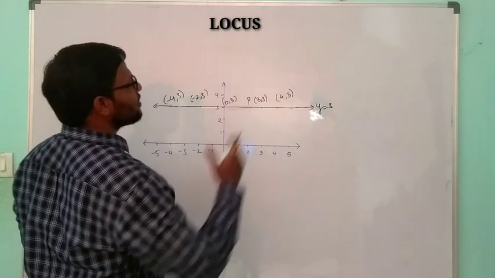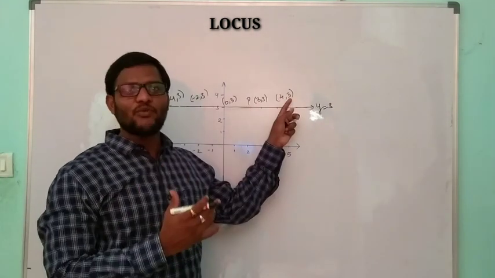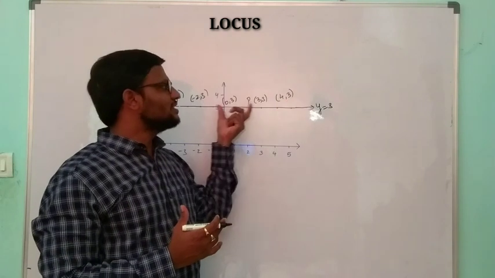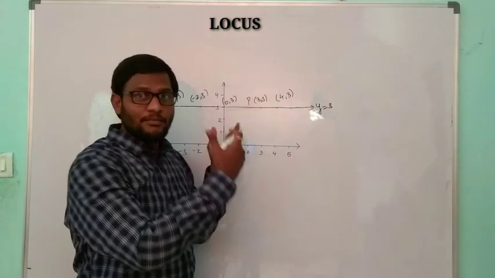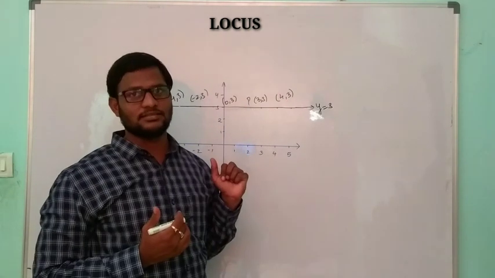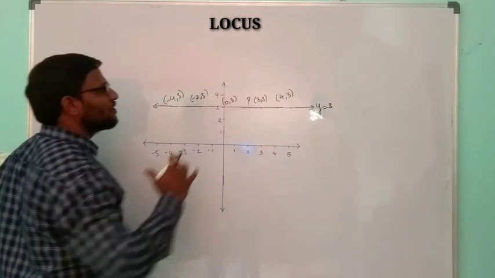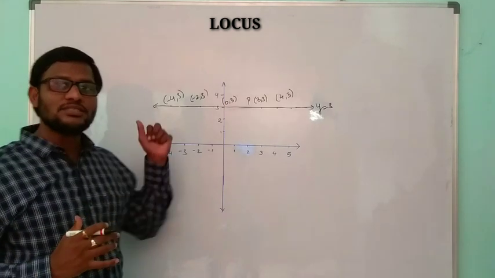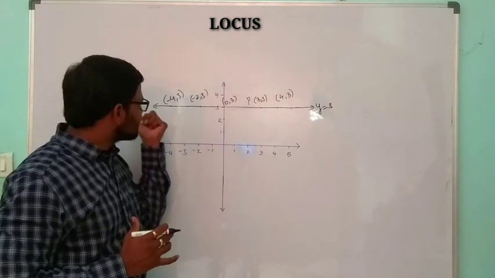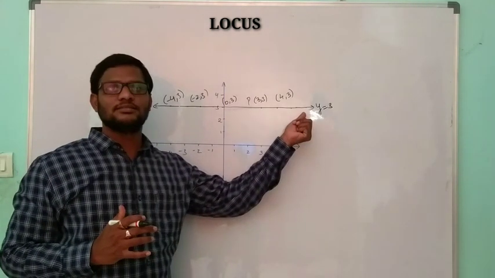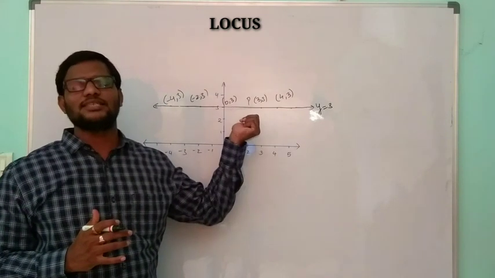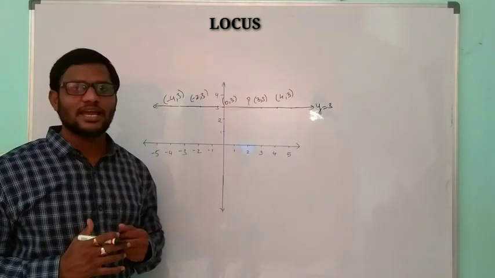Since all these points have the same y coordinate, they have the same distance from the x-axis. That is the common property. So this is the locus, and it is a straight line.